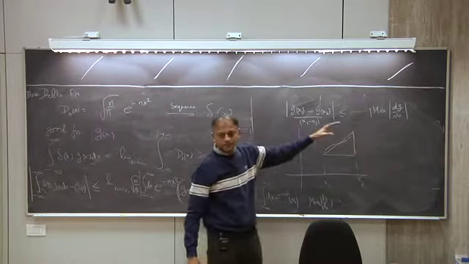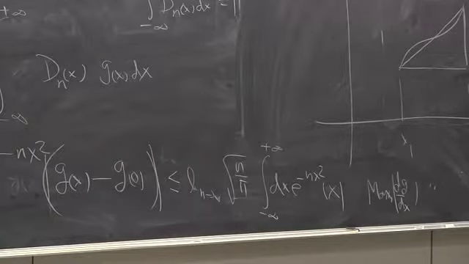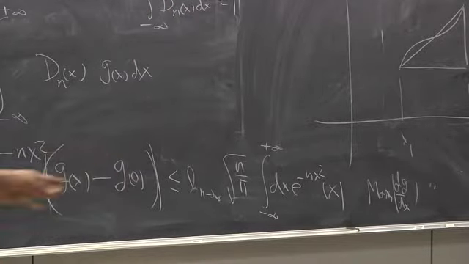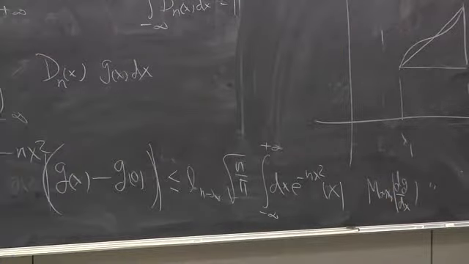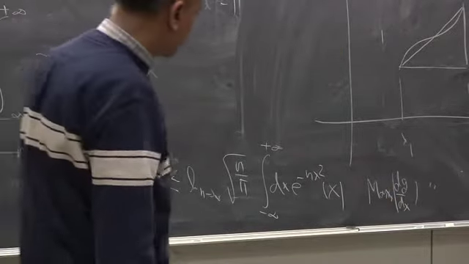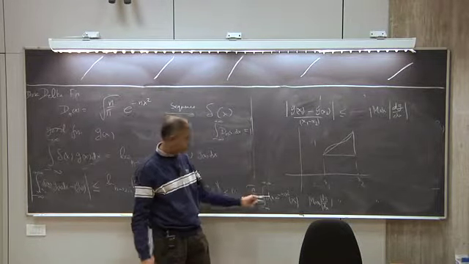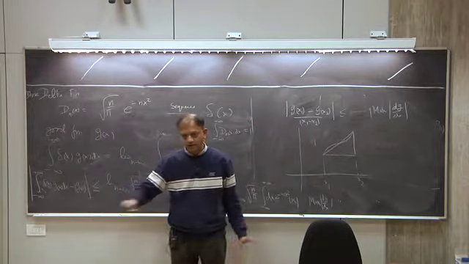And it's not infinite, because dg by dx is also a good function, so it's bounded by some finite number. And it does not depend on n. That's the important point. It depends on g, the good function we have taken, but not on n.